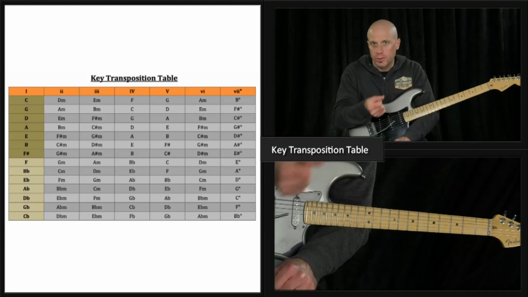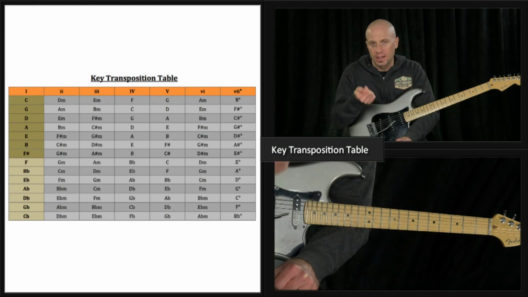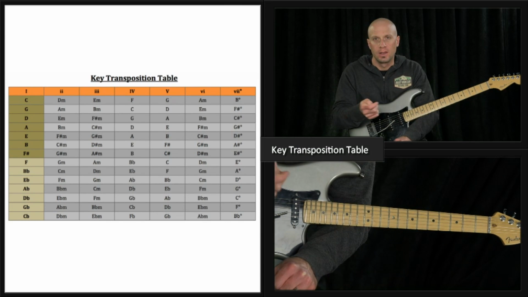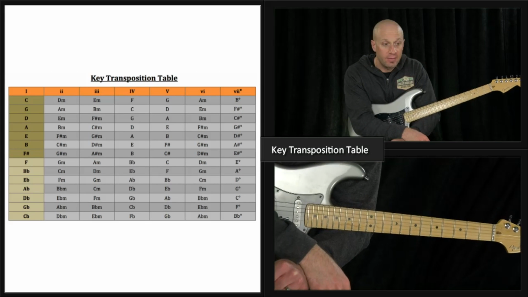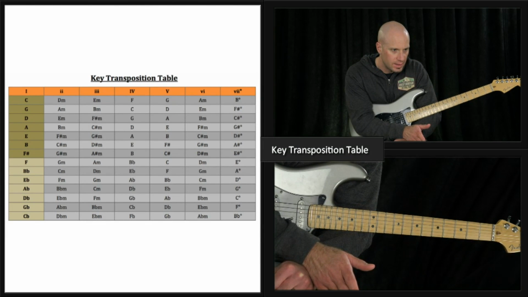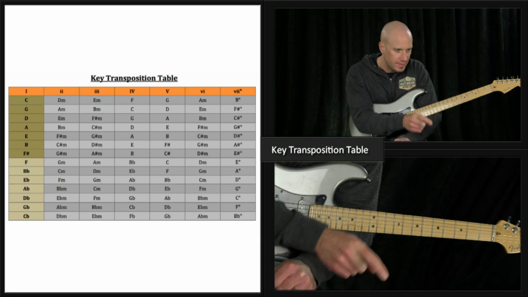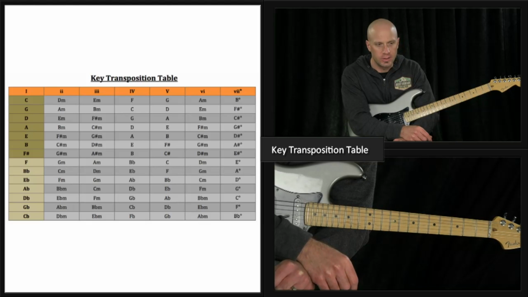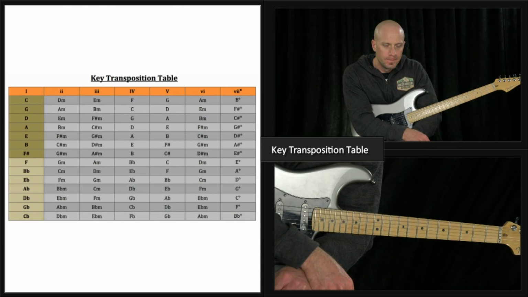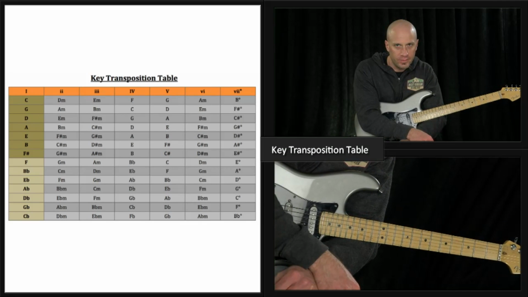So we have 2, 3, 6, 7, all flatted. If we were to be in A Phrygian, let's see where A exists. A minor exists on the third degree in the key of F, according to the key transposition table. So A Phrygian would be in the parent key of F major.